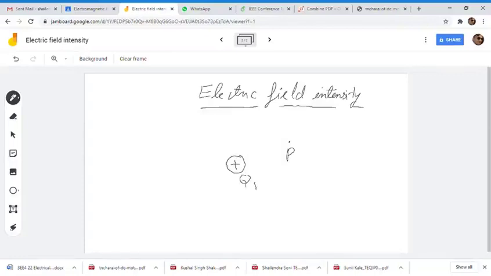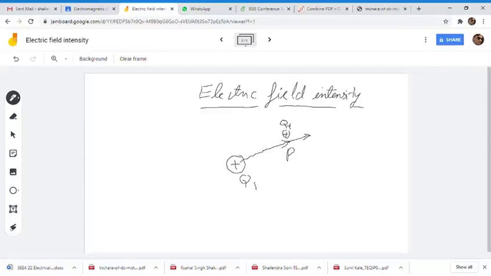Now we will determine the force experienced by a test charge due to this q1. We have to see the distance vector, and the force will be in the direction of this distance vector.